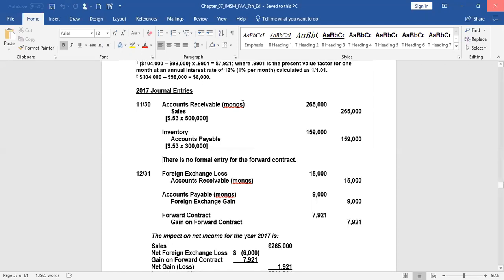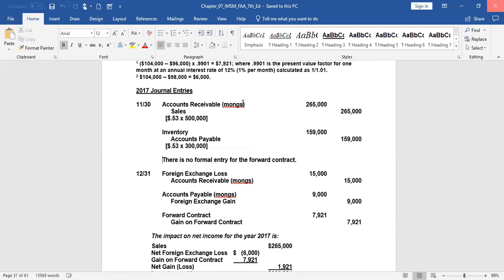Now, when it comes to the accounts payable, it's the opposite. So on December 31st, if we had to pay back the 300,000 mongs, we take 300,000 times 50 cents per mong, we would only have to pay 150,000. But as of November 30th, we would have paid 159,000.